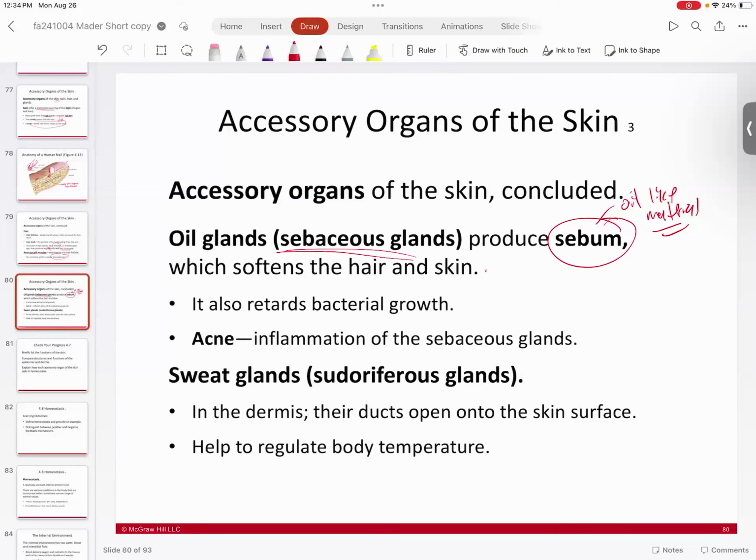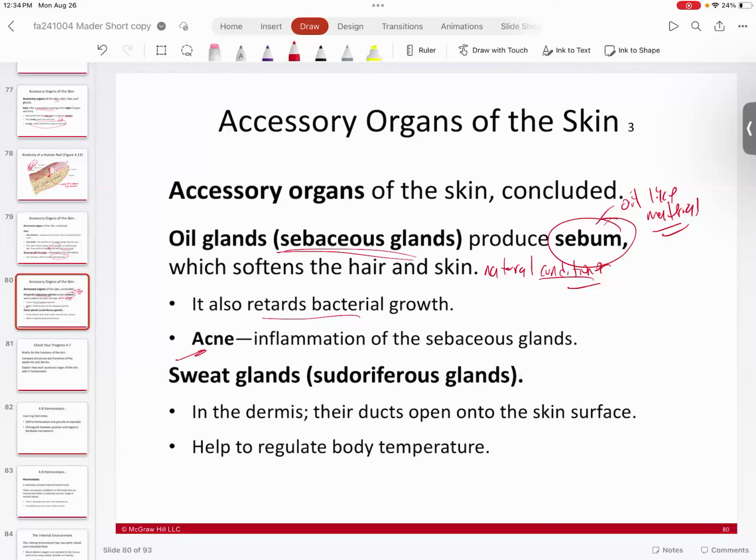So it's kind of like natural conditioner for our hair and for our skin. It also has a little bit of antibacterial to it. And then it's also the source, unfortunately, of acne, because whenever we have an inflamed sebaceous gland, it becomes infected, and then the white blood cells attack, and then you start to develop dead white blood cells, which is pus, and that's the acne pus associated with it.